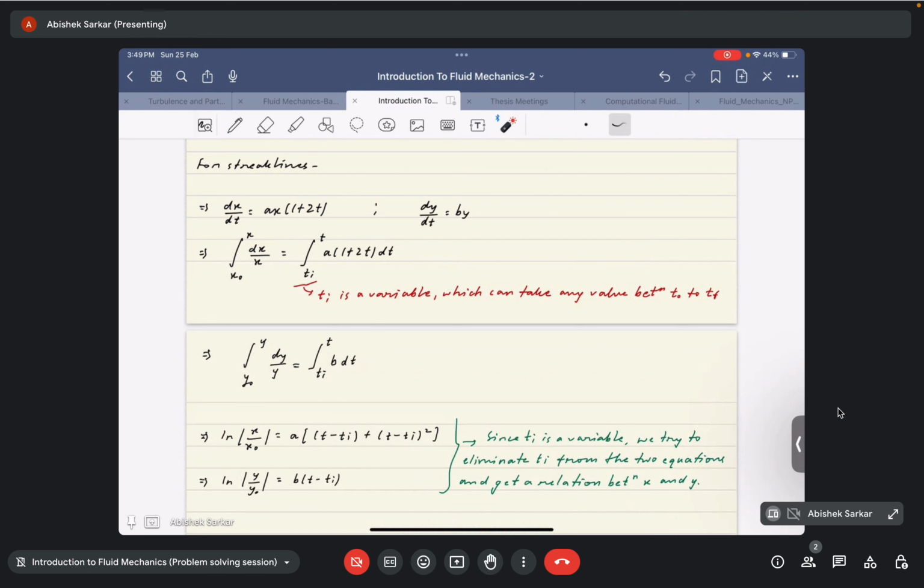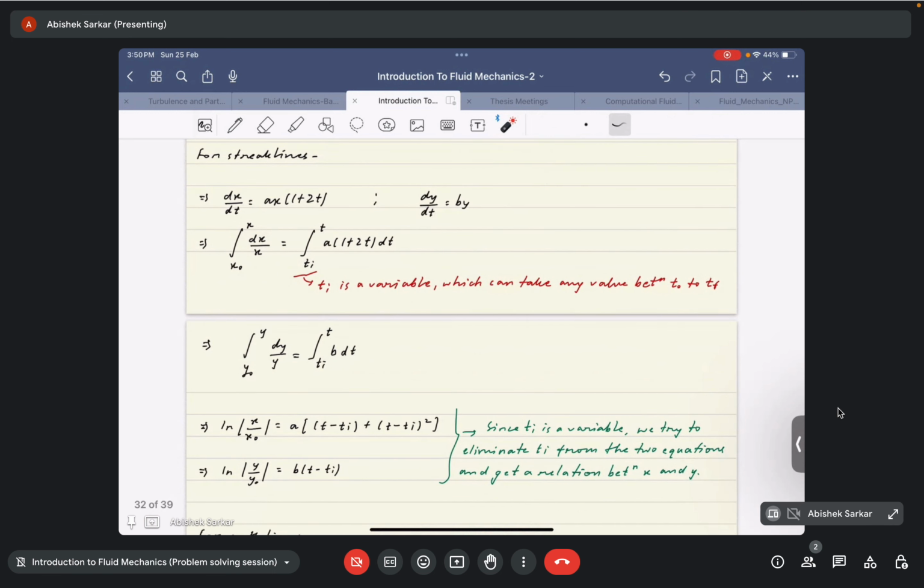Basically we need to find the trajectories of these particles, which will give us the spatial coordinates x and y. To do that, we need to rearrange these terms and find an equation for x and y. There lies the trick, or the differentiating factor in the case of streak lines, streamlines, and path lines, which we are eventually going to see.